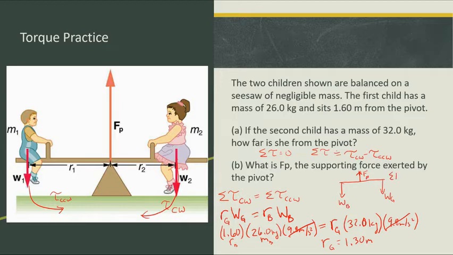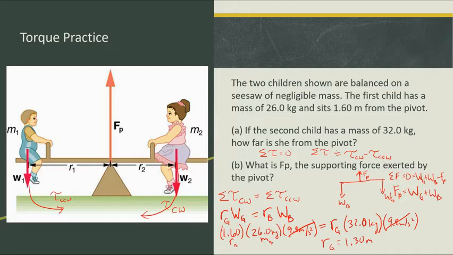So my sum of my forces in my XY direction is going to be equal to 0. And that's going to be equal to the weight of the girl plus the weight of the boy minus the force of the pivot. So the force of the pivot is going to be equal to the weight of the girl plus the weight of the boy.